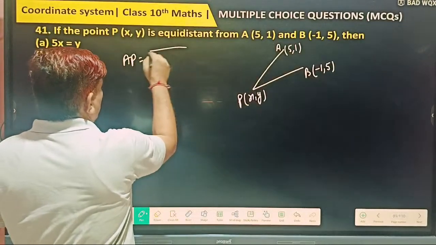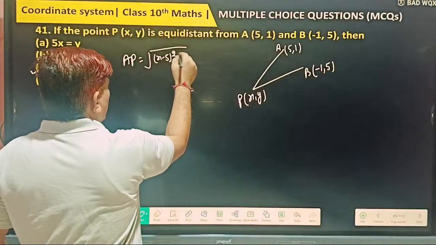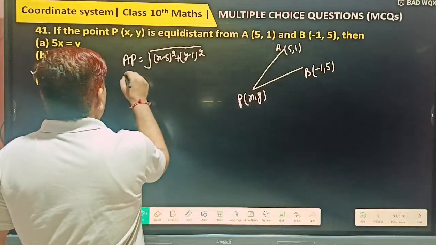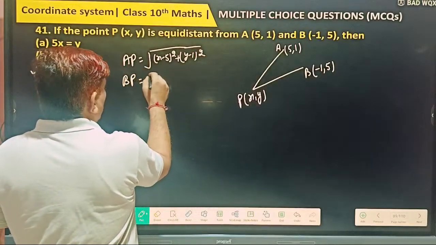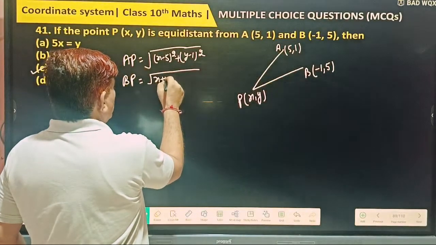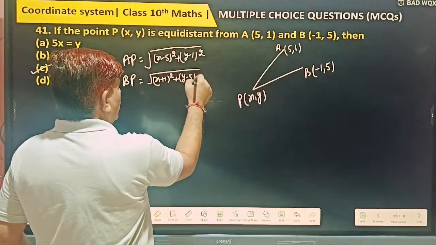AP equal to under the root (x minus 5) whole square plus (y minus 1) whole square. BP equal to under the root (x plus 1) whole square plus (y minus 5) whole square.